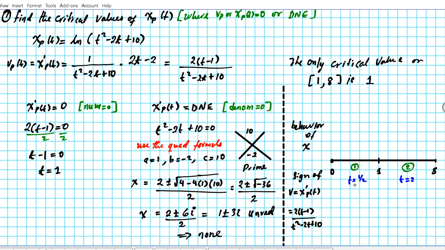All right, so if I plug in t equals 1/2 into this function right here, I'm going to have 2 in the numerator times, if I plug in 1/2, 1/2 minus 1 is going to be a negative result, divided by, in the denominator, I'm going to have 1/2 squared, which is 1/4, minus 2 times 1/2, that's 1, plus 10.